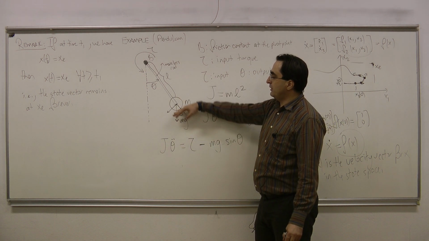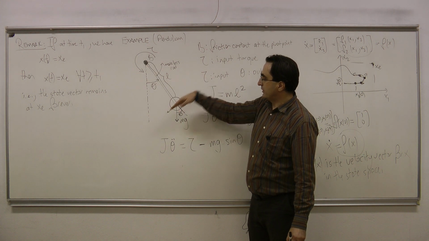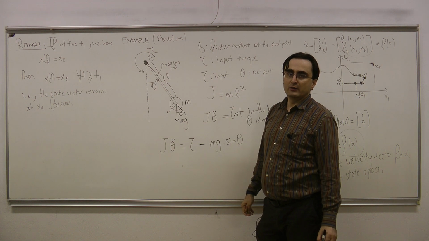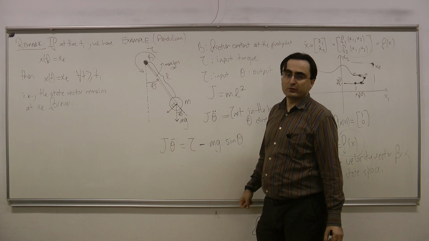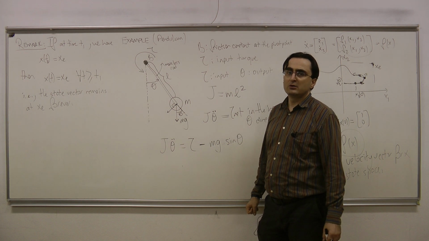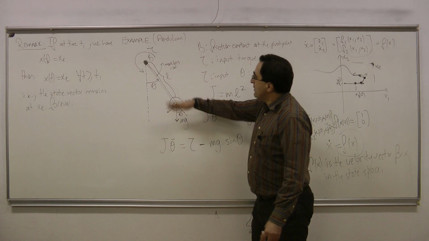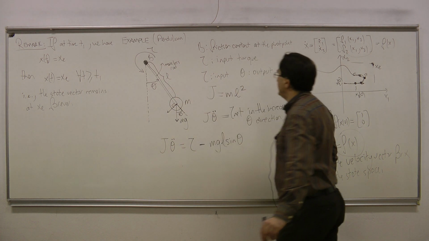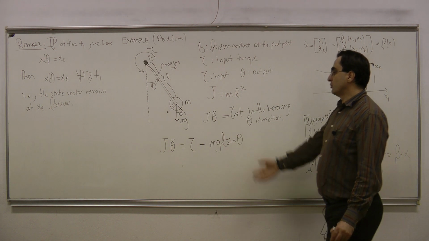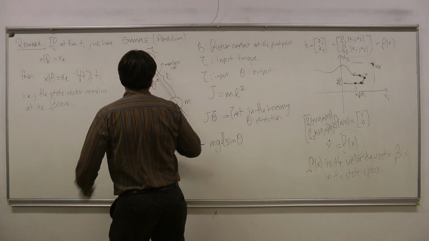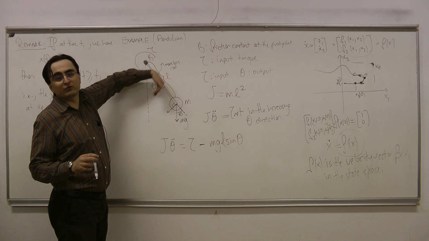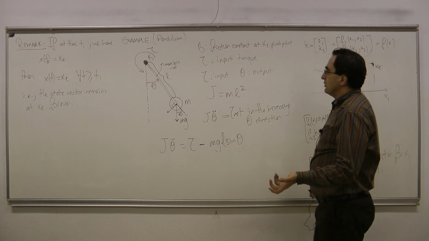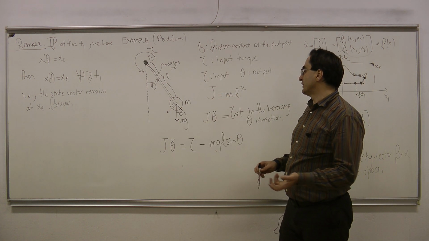Gravitational force is mg, and this mg times sine theta is the force which is perpendicular to the rotation here. But this is still a force. I need to convert it into a torque. What should I do? I need to multiply it with this length of the rod here. Okay? So this is going to be mgl times sine theta, which is going to give me a torque term. And this torque term is in the reverse direction. Okay? And the last thing that I need to do is to add the effect of the friction.